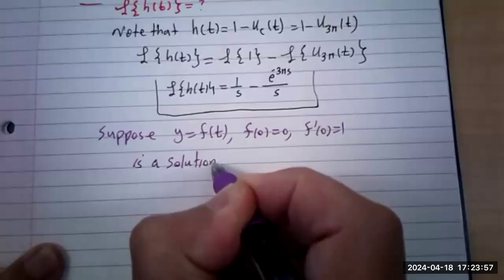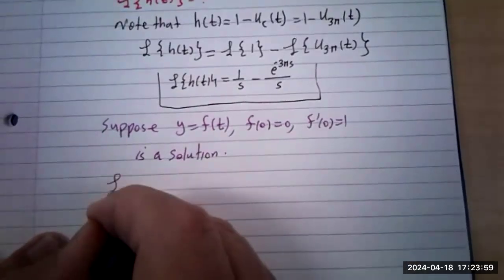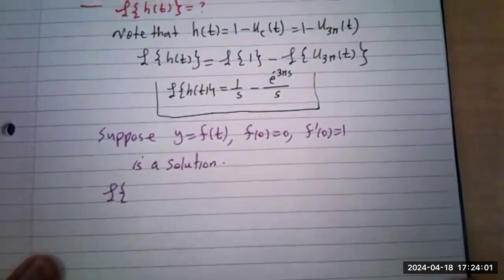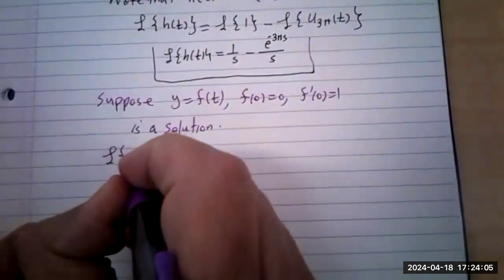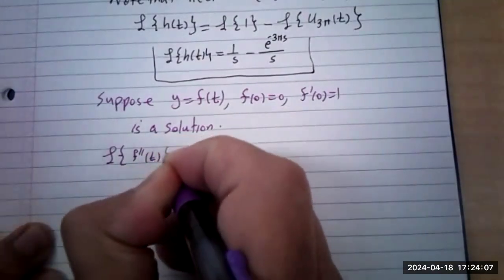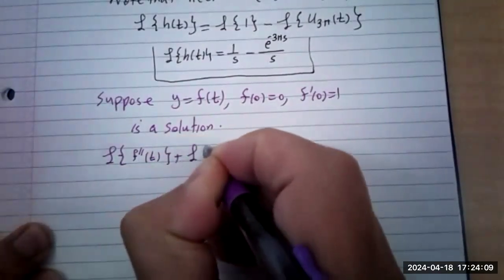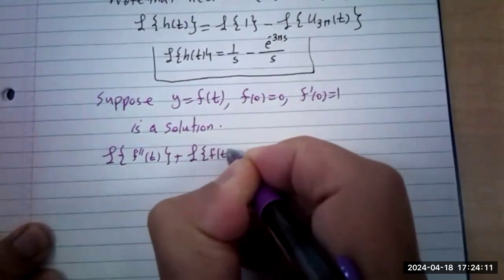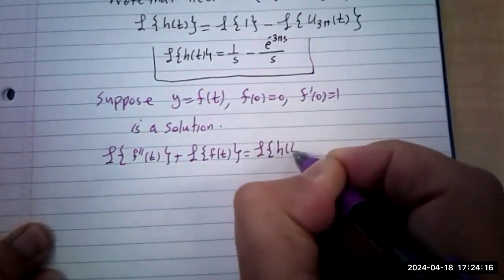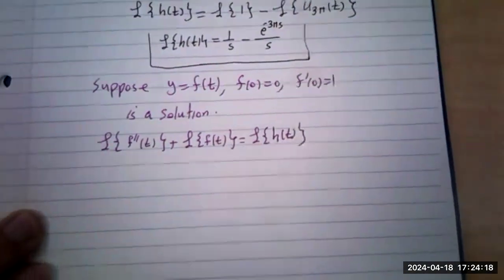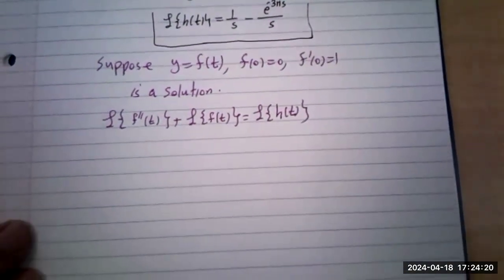We go back to the equation and take the Laplace transform. It's going to be the Laplace of f double prime of t plus the Laplace of f of t, equal to the Laplace of h of t. We have to change it to the formula.